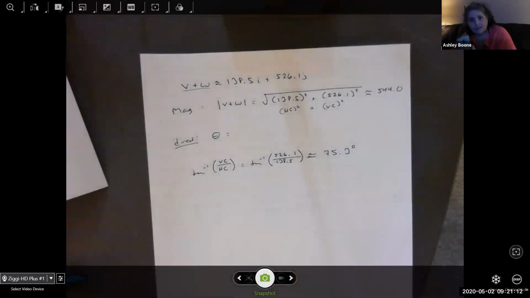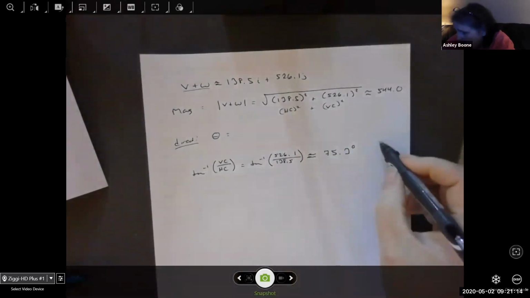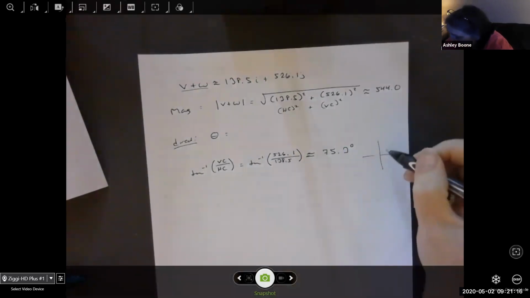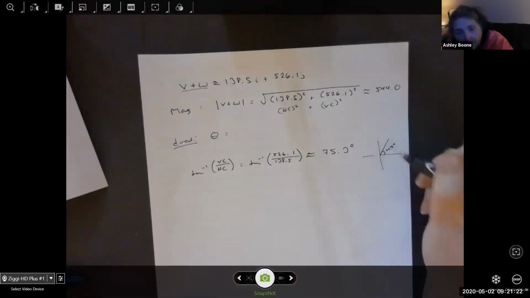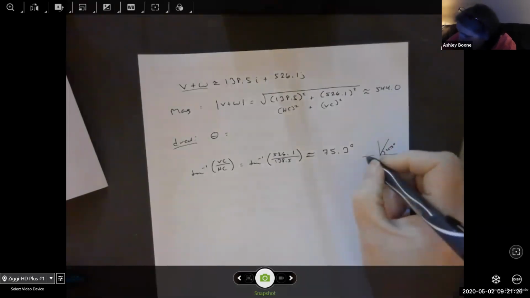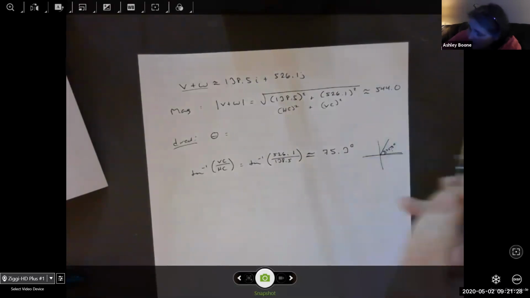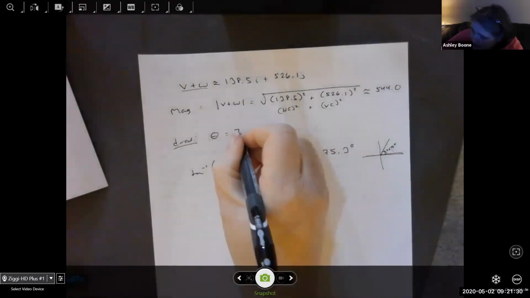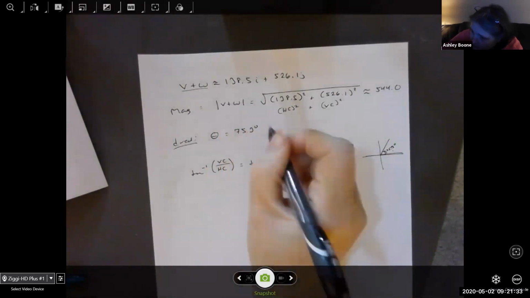Now, inverse tangent is always in quadrant 2 or quadrant 1. So positive 75.3 degrees means it's giving us this angle here. Okay? Isn't that what we want for our theta? Our theta is from standard position up. So this actually is theta. Our theta is 75.3 degrees.